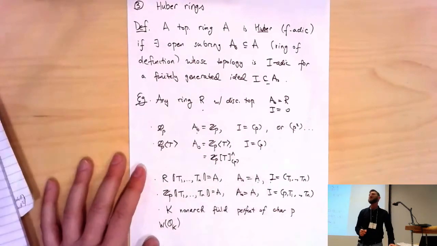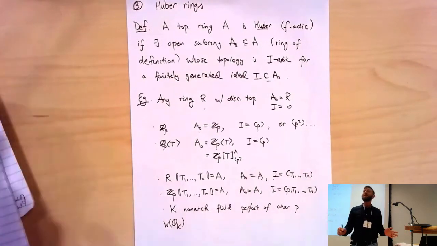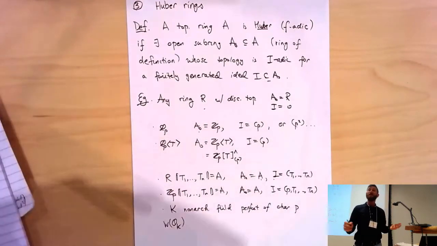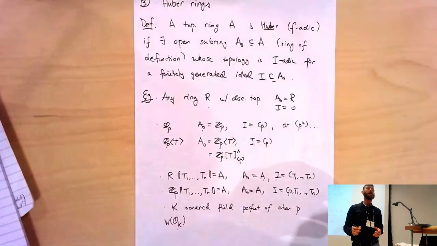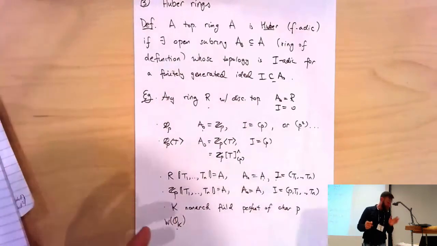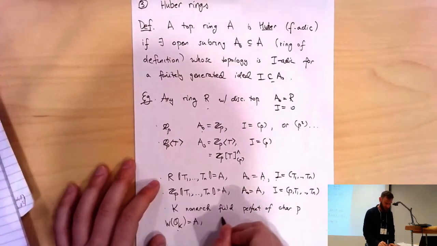This example is going to be kind of important later. So if I have a perfect ring, any perfect ring whatsoever, I can form the ring of Witt vectors. That's going to be power series in p with coefficients labeled by elements of whatever's inside that perfect ring, with some complicated addition and multiplication laws, right? This is a topological ring. It's its own ring of definition.